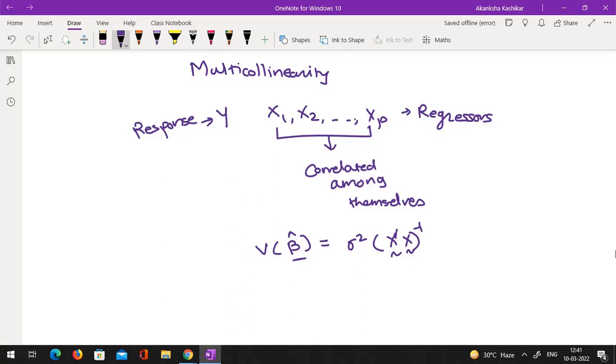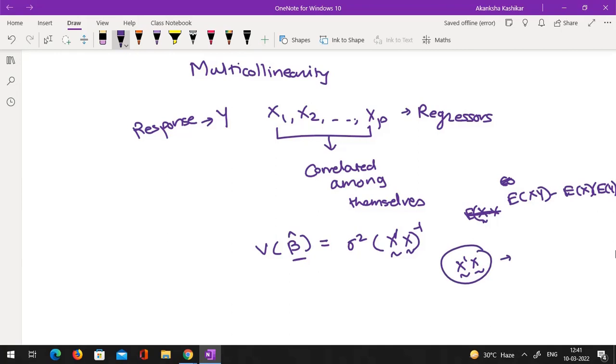Okay, so X prime X is kind of like covariance, right? Because in general, your covariance is expectation of xy minus expected x into expected y, in the univariate setup. So this X prime X is kind of like a covariance matrix. If correlations are high, then this X prime X matrix is nearly singular.